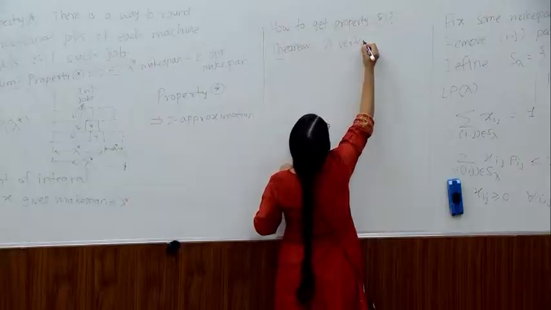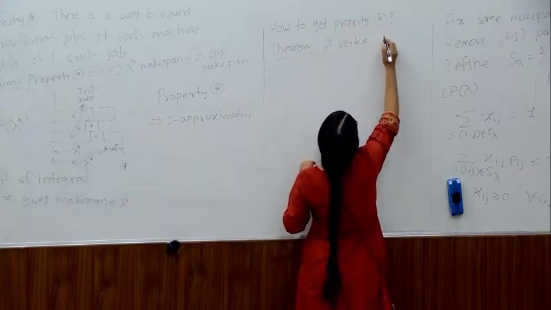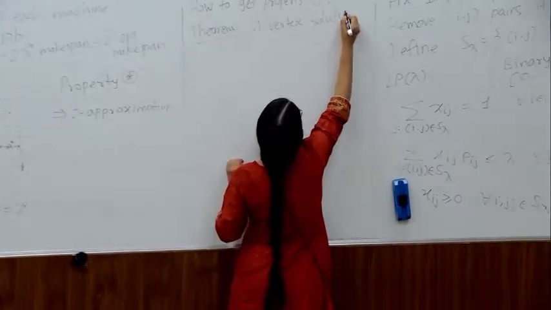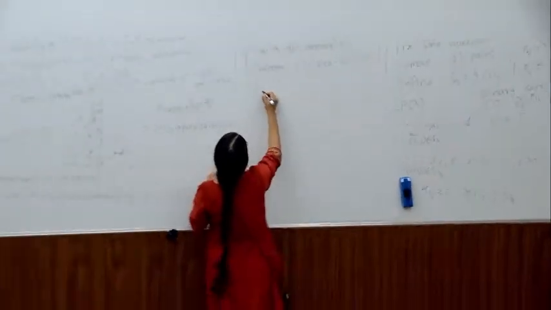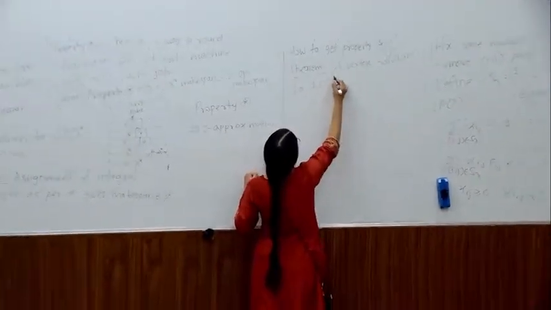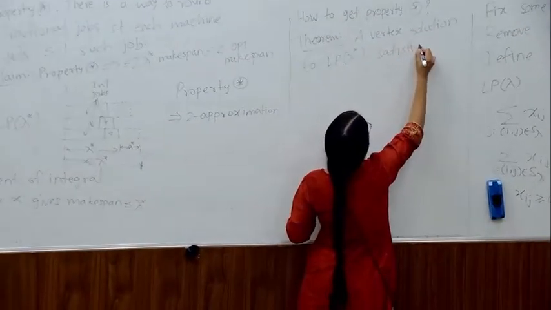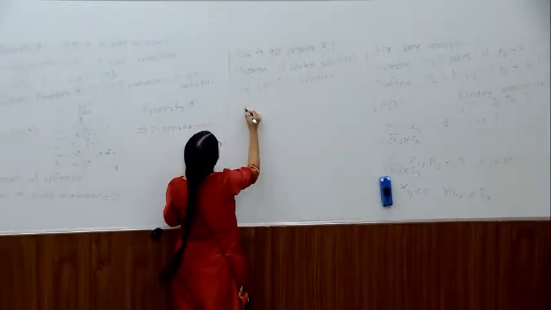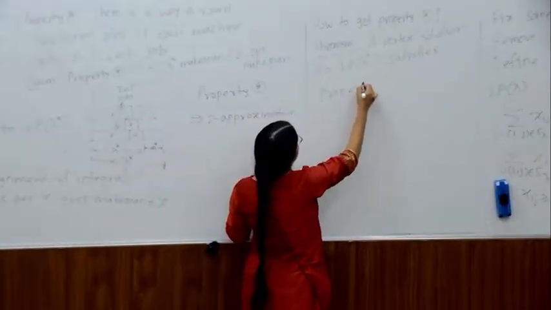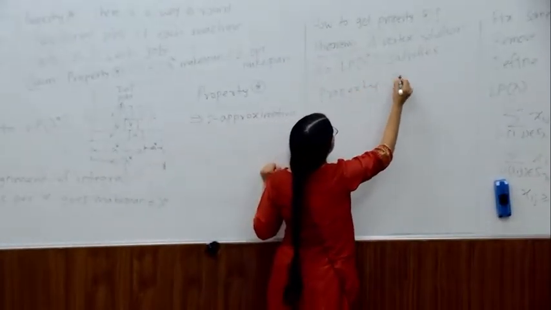So, a vertex solution to LP lambda star satisfies property star. This is what we want to prove.